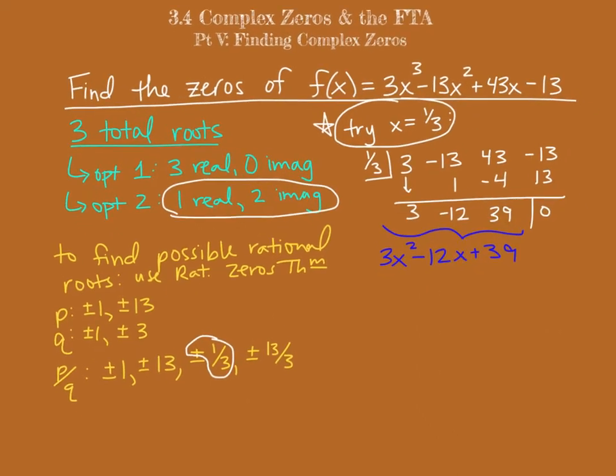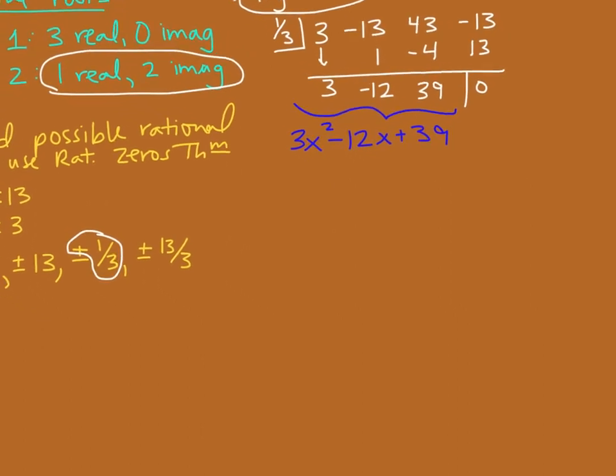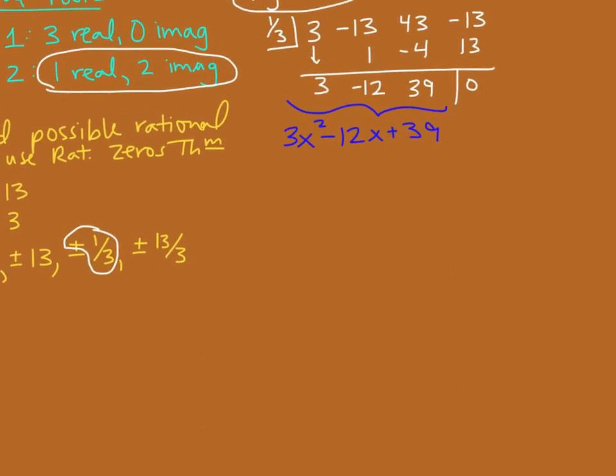So let's use our quadratic formula on this quadratic here. We know that a is 3, b is negative 12, and c is 39. We set this quadratic to 0 technically. All right, so we have the opposite of b, which is 12, plus or minus the square root of b squared, which is always positive, minus 4 times a times c.